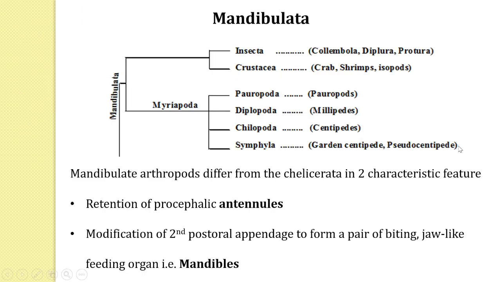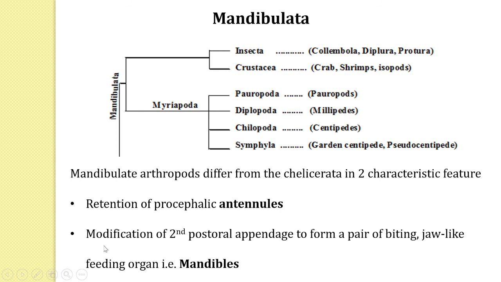The next one is the Mandibulata. Now this mandibulate arthropod group differs from the chelicerate group in two characteristic features. The first one is the retention of procephalic antennules. This is a very important characteristic feature. In all the mandibulata, that is myriapods as well as crustacea and insects, the antennules are retained.